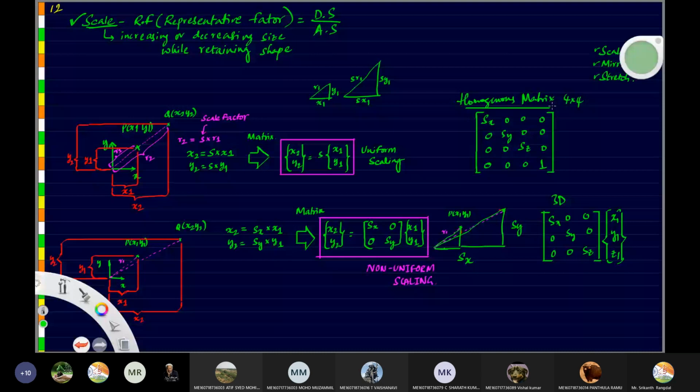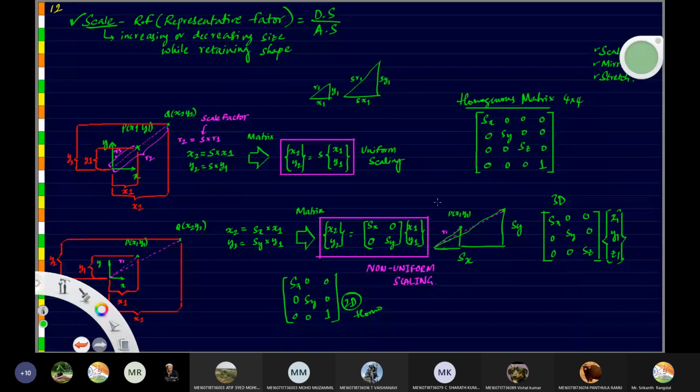In the same way, we get the homogeneous transformation for 2 dimensions also. For 2 dimensions, how will it be? Sx, Sy will come here. No translation, null matrix, uniform scaling. So this will be the homogeneous transformation matrix for 2 dimensions, and this is the homogeneous transformation matrix for 3 dimensions.